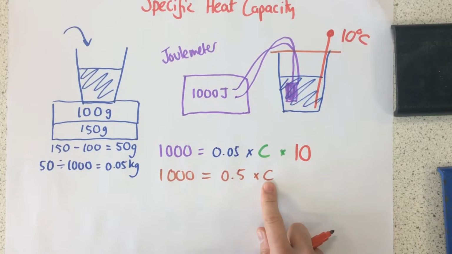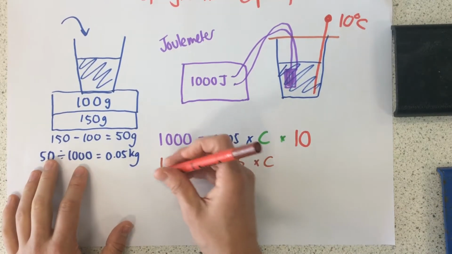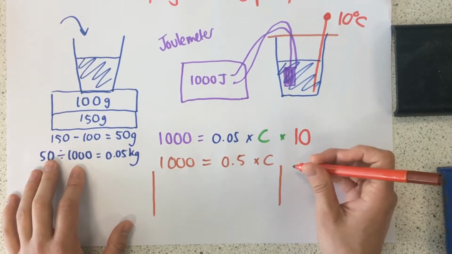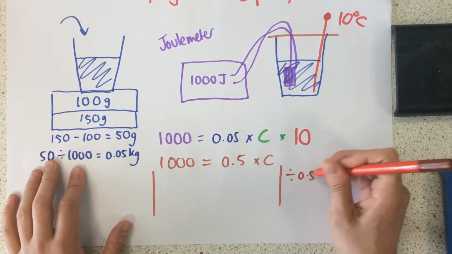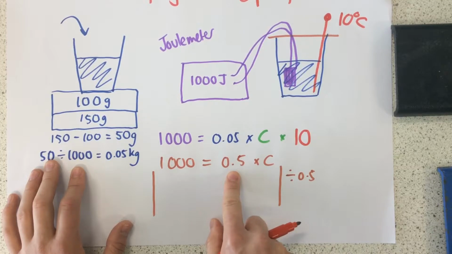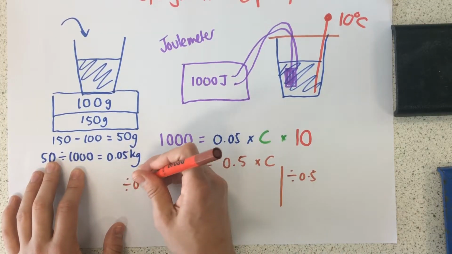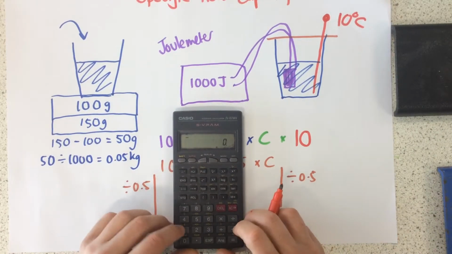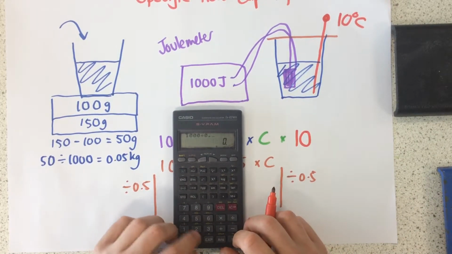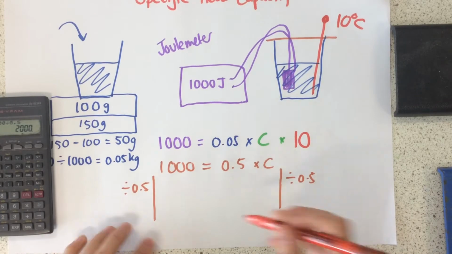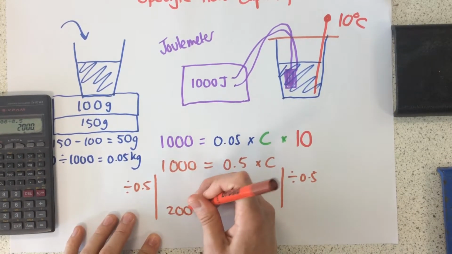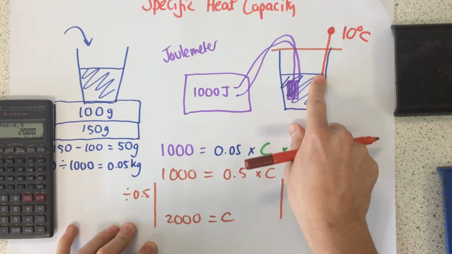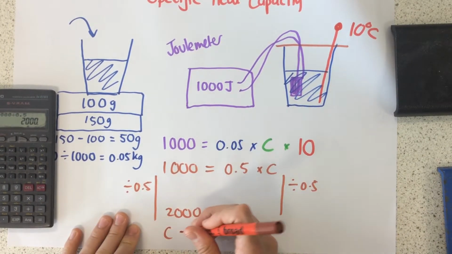Now I still haven't got C all by itself. So I need to make sure I do the same thing to both sides of the equation. I'm going to divide this side by 0.5, because at the moment it's times by 0.5, and I'm going to divide this side by 0.5. So 1,000 divided by 0.5 equals 2,000. So that is my specific heat capacity of this substance.